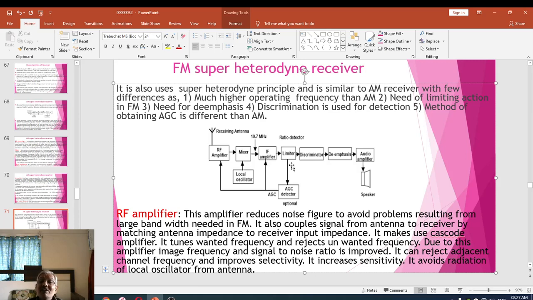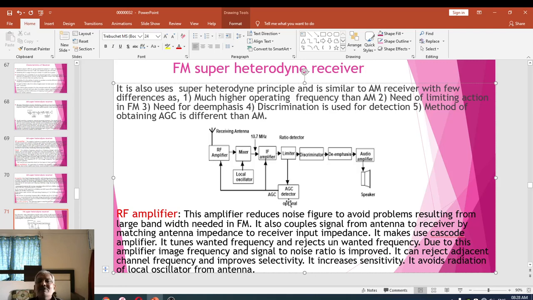The limiter puts a limit on the amplitude of the output of the IF amplifier. It also provides the signals to the automatic gain control. It detects the amplitude from the limiter and produces the automatic gain control signal for the IF amplifier as well as the RF amplifier.